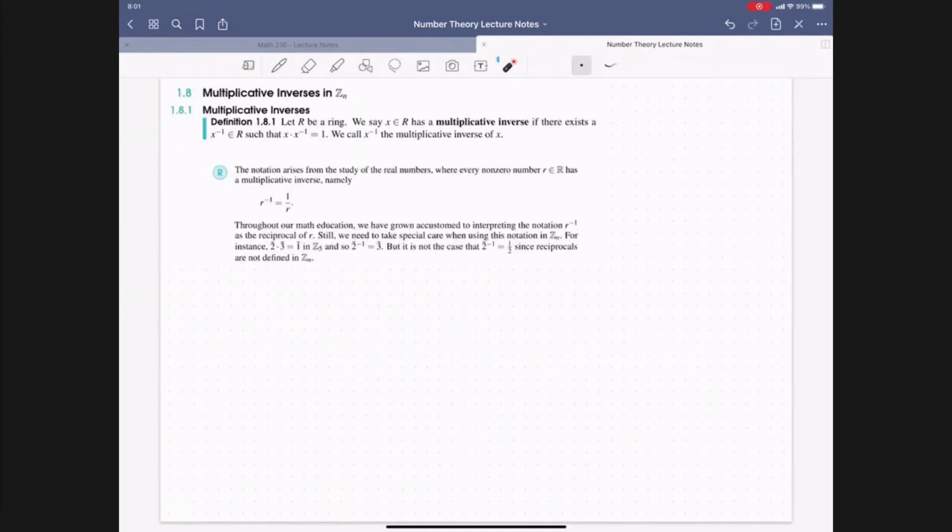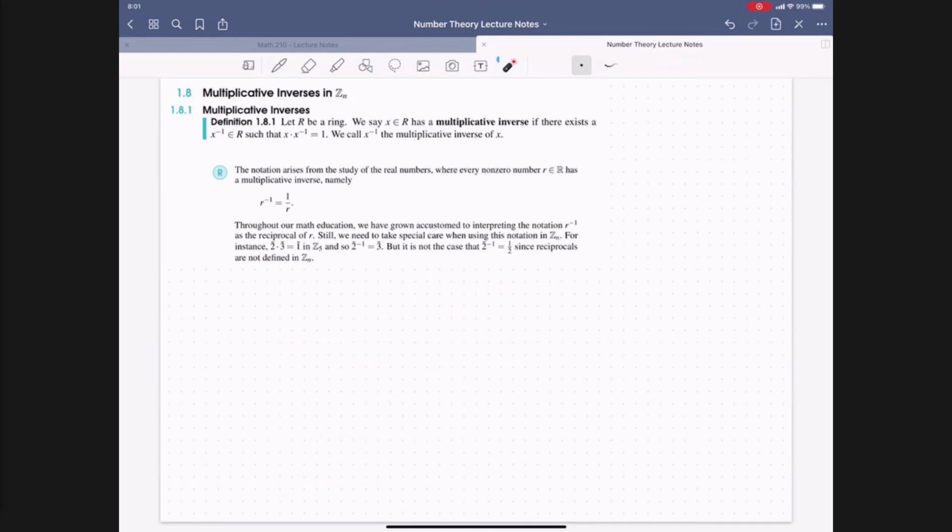So we've been talking about multiplicative inverses, so let's go ahead and define this in generality. Because there's nothing special about working with the integers or the integers modulo n. We can actually talk about this for any ring. And in our case, the prototypical rings we're working with are integers modulo n, and later on in the course we're also going to be working with the Gaussian integers and some more general constructs.